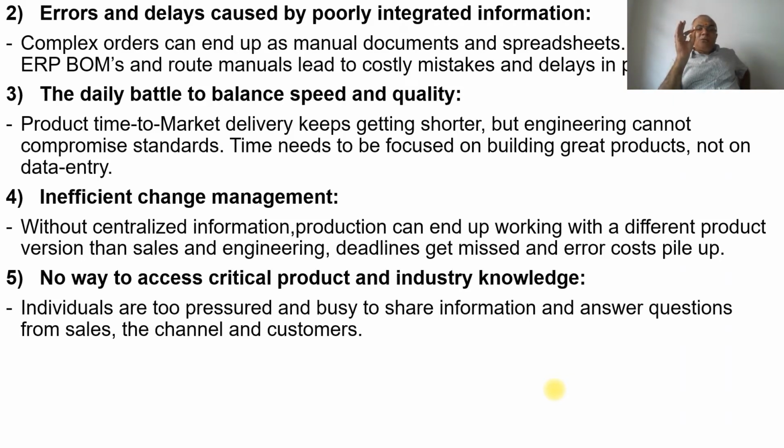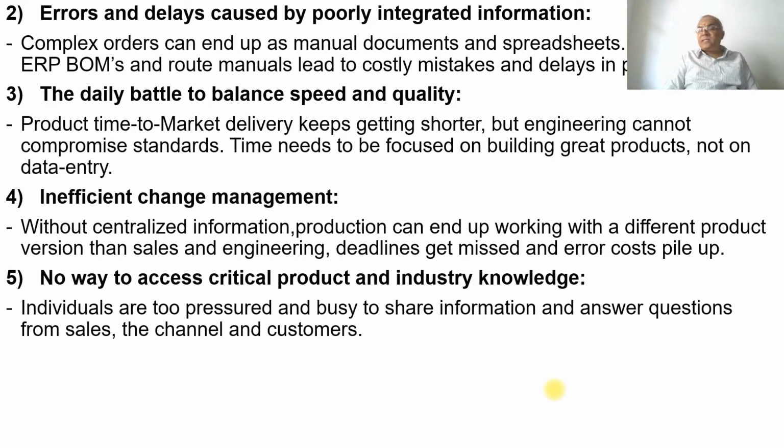The daily battle to balance speed and quality. Product time to market and delivery keeps getting shorter, but engineering cannot compromise standards. Time needs to be focused on building great products, not on data entry. Inefficient change management. Without centralized information, production can end up working with a different product version than sales and engineering.